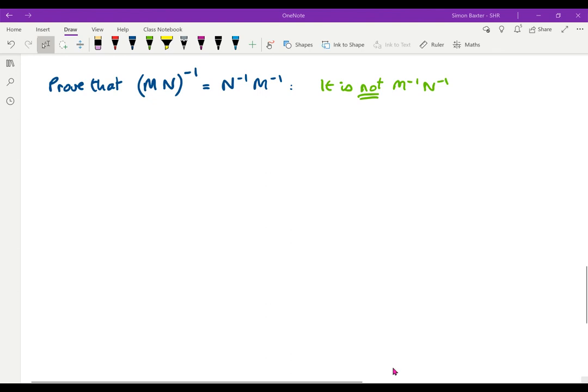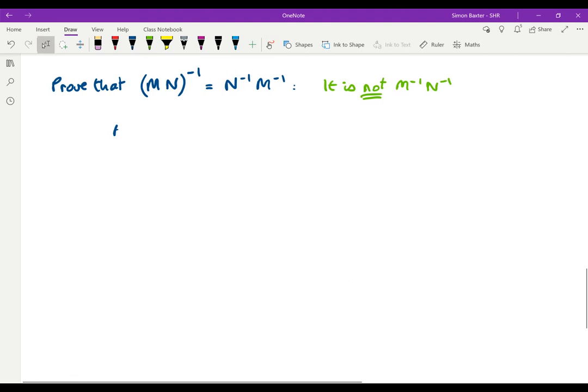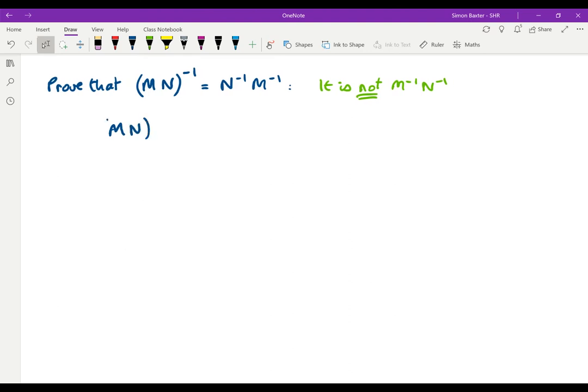Well, let's prove that. If we're looking for the inverse of MN, then MN inverse combined with MN must be the identity. This is how we define what's meant by inverses. So we can really write that as MN inverse MN equals I. Now remember that matrix multiplication is not commutative.